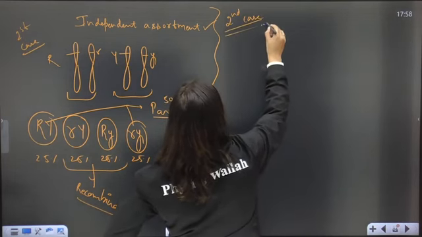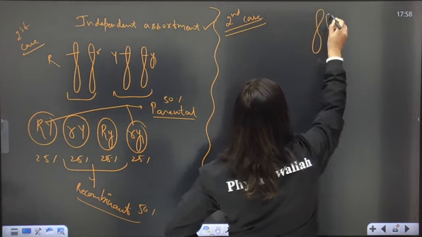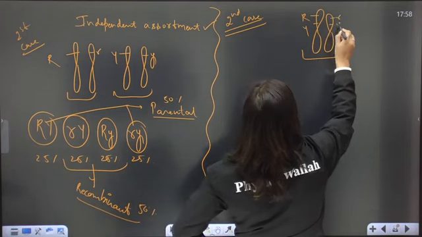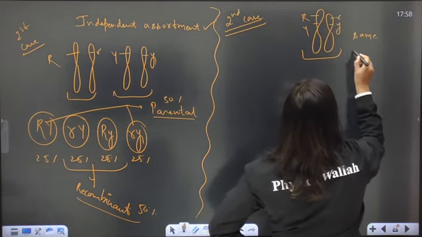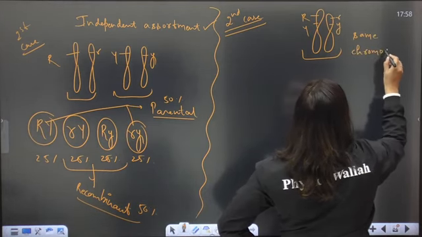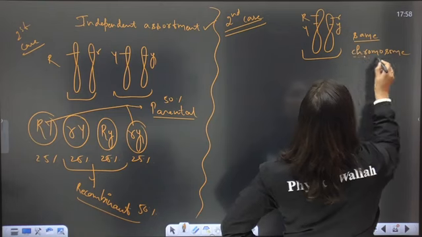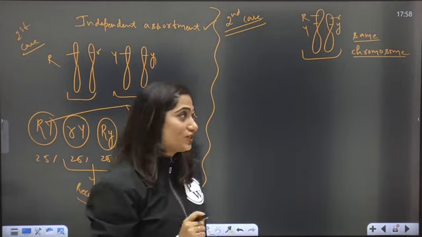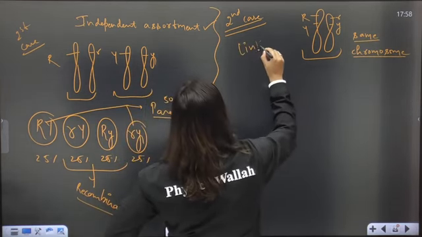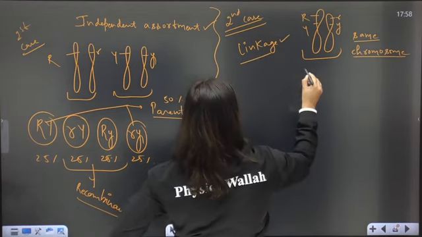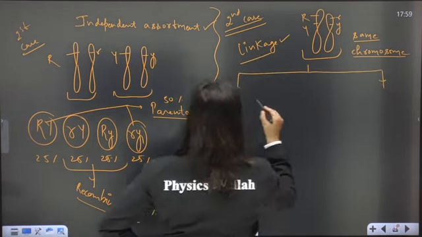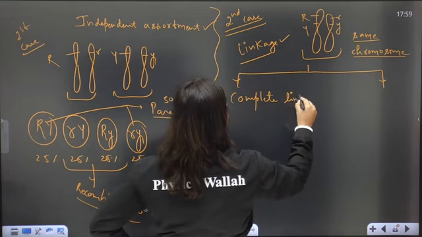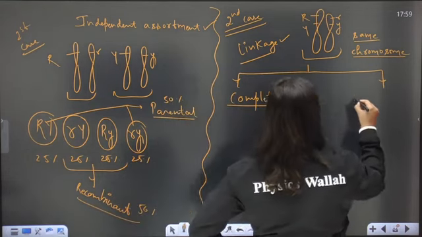In the second case, I'm saying that the genes are present on the same chromosome. If they are present on the same chromosome, there is linkage, so independent assortment will not be there. This linkage can be of two types: it can be complete linkage or incomplete linkage.